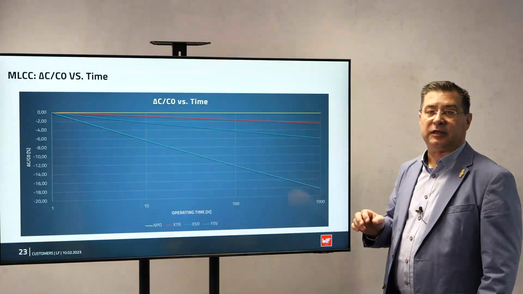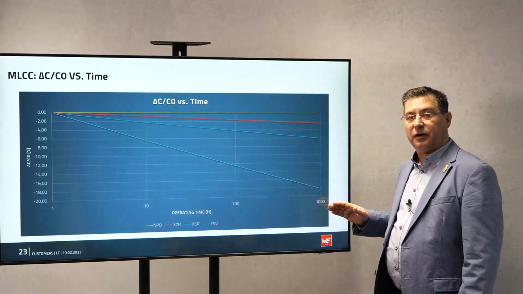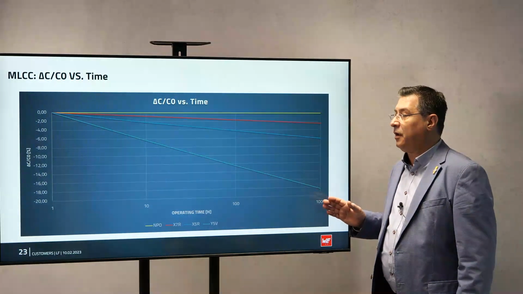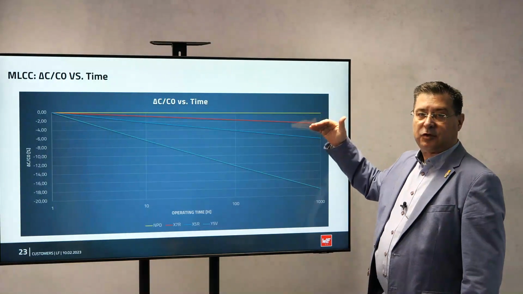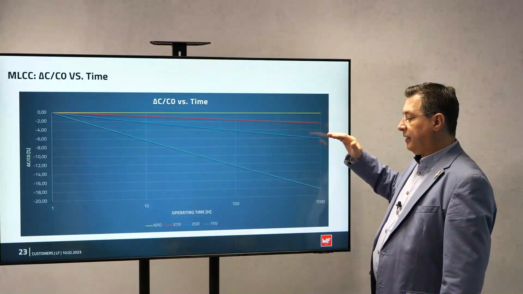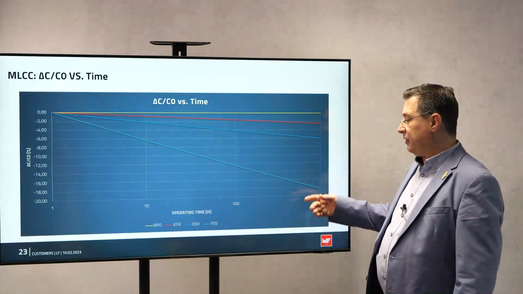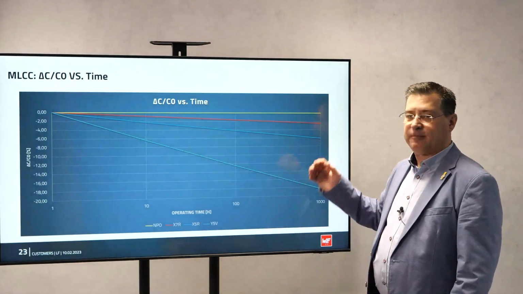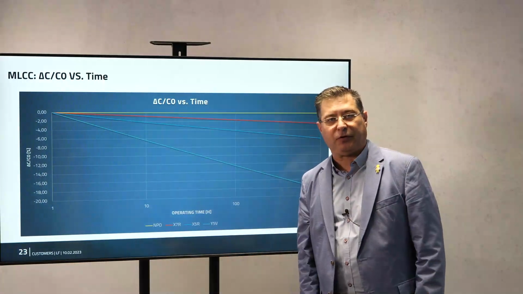The next thing is deterioration in time, only 1,000 hours. Only after 1,000 hours, different capacitors have different behavior. NP0 doesn't drop at all. X7R drops, X5R drops, and capacitor Y5V, which we don't have. That's the reason why we don't build that, because you can put something on a PCB to have more kilo, you have more weight, but no effect.